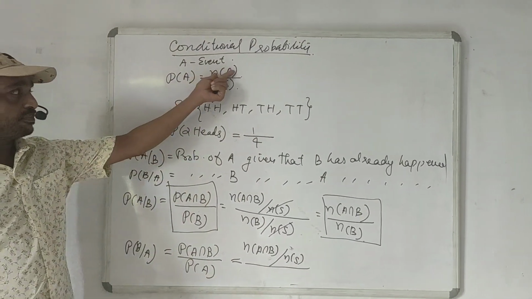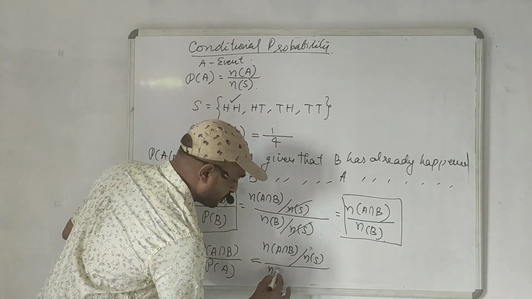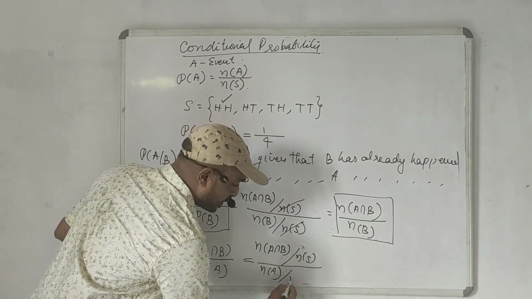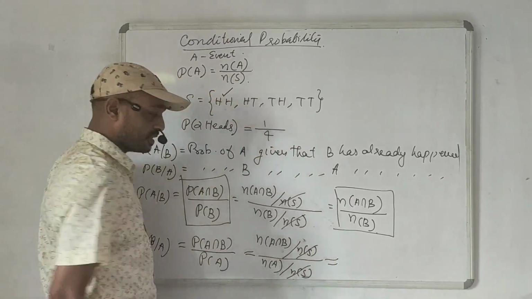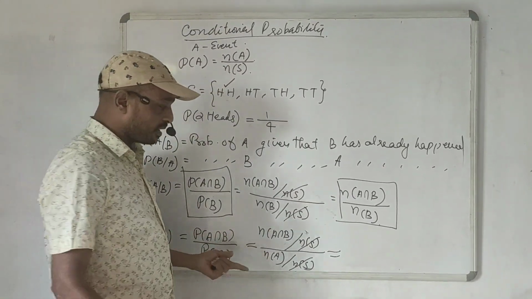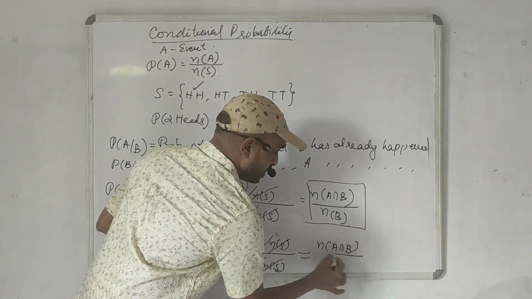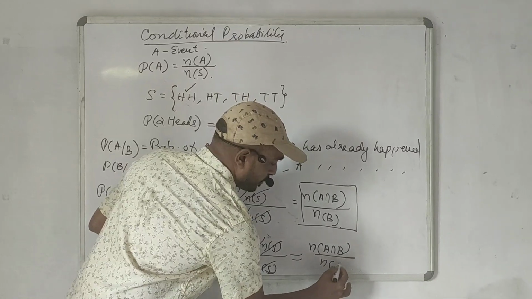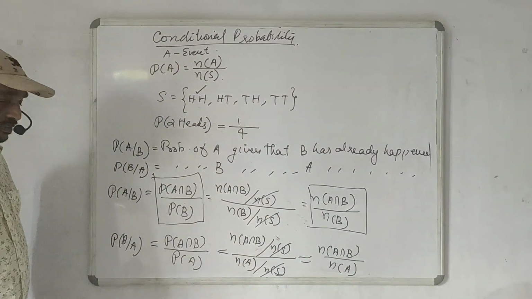P of A is number of cases favorable to A by total number of cases, N of A by N of S. So here we can cancel N of S. So it is N of A intersection B divided by N of A.